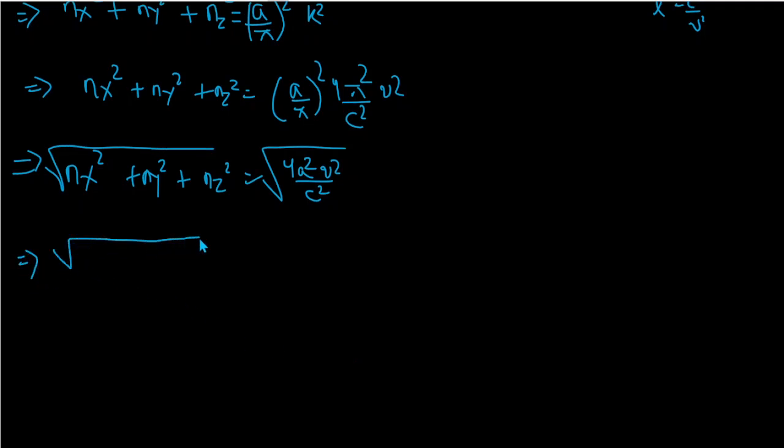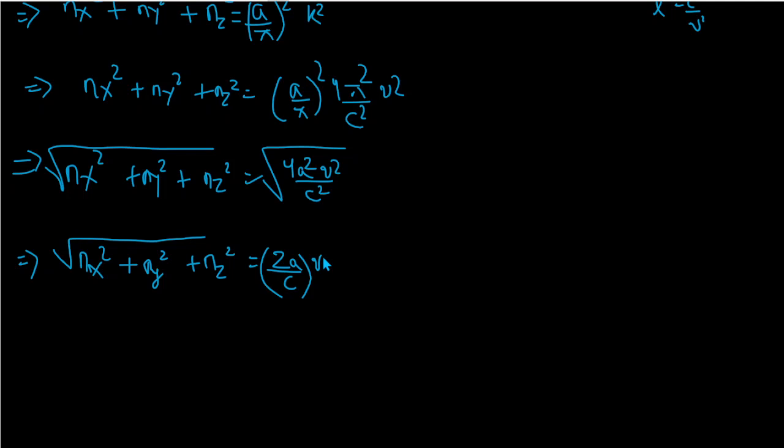Root under nx square plus ny square plus nz square is equal to 2a by c mu.